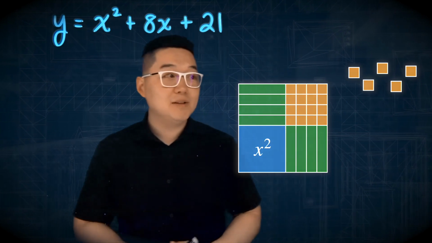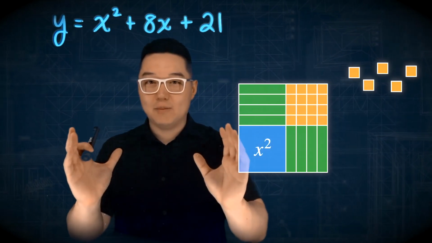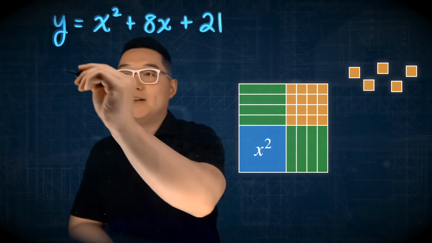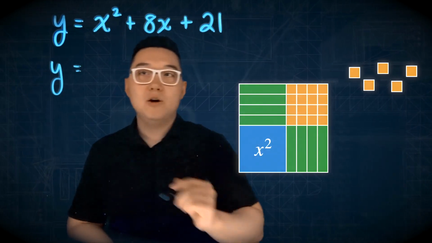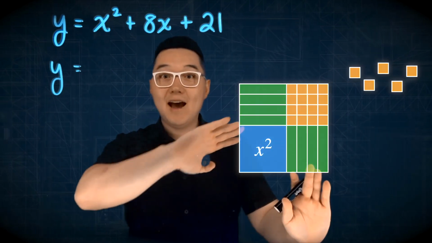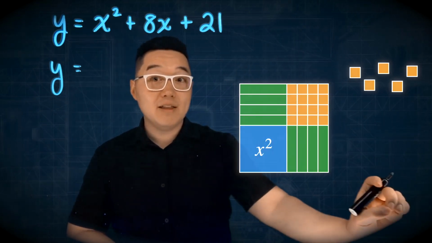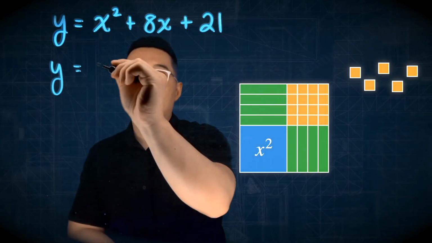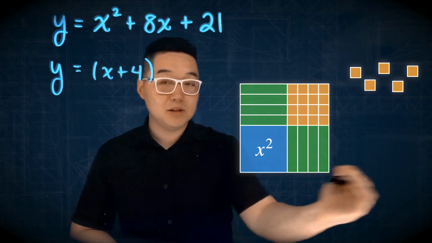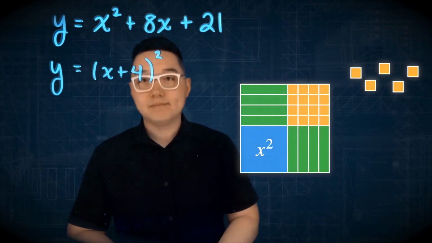And there you go. So then how do we write this in vertex form? How can you write this as an expression? Here's what this looks like. We had one x squared tile and 8 x's, but we cut that in half to make a perfect square. So the length and the width are exactly the same: x plus 4 times another x plus 4, or we're just going to say x plus 4 squared.